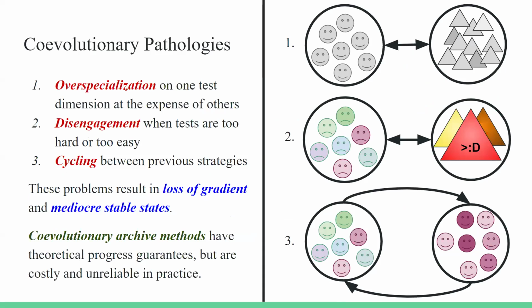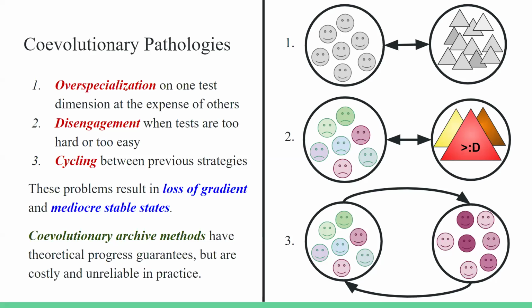But we have problems unique to this method of problem solving, known as coevolutionary pathologies. These include over-specialization on one particular dimension or aspect of the problem at the expense of others, disengagement when members of the test population become either too difficult or too easy for the learners to make progress, and cycling between some set of previous strategies, failing to make progress.